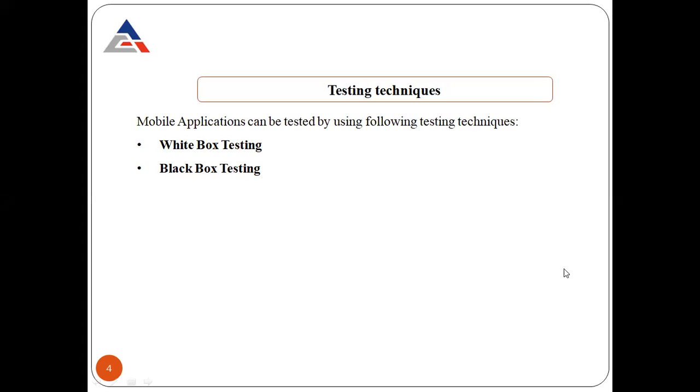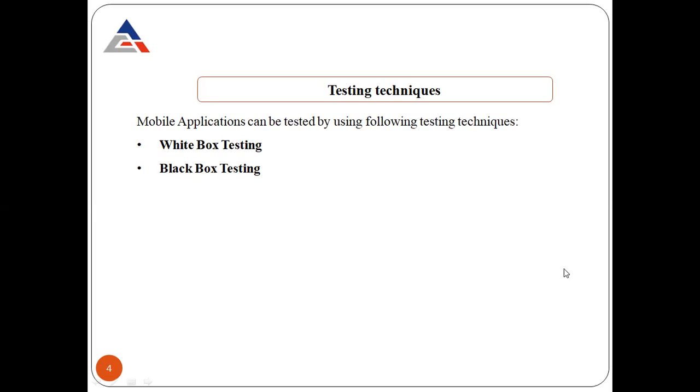So the person performing the testing cannot read or update the lines of code being used for application development. So how can he go for the testing then? The testing can be checked with the help of the output. The person performing blackboard testing gives some input and checks whether the output is as per the input or not.